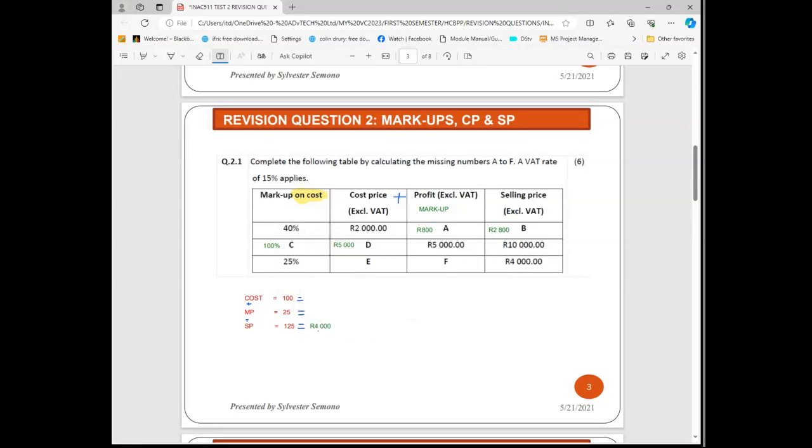So then we can start with the profit markup. The question mark will go to the 25%.